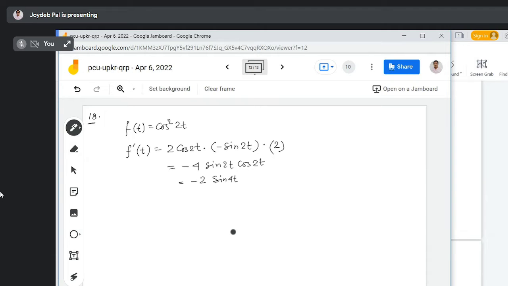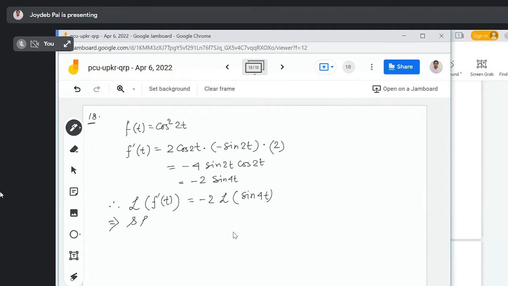Now you take Laplace transform both sides. Therefore, Laplace transform of f dash t is equal to minus 2 Laplace transform of sin 4t. And what is the formula for Laplace transform of f dash t?